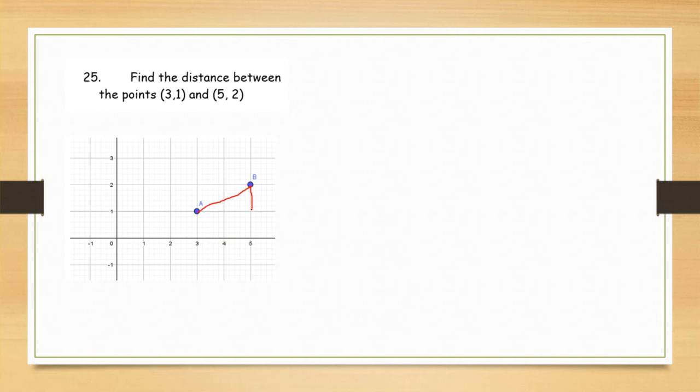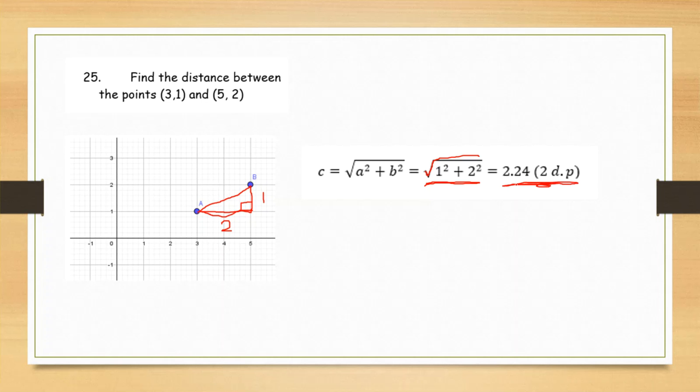So make this right angle triangle. Straight lines would be better. 1 here, 2 here. So 1 squared plus 2 squared. And find the square root of that is 2.24 to 2 decimal places.